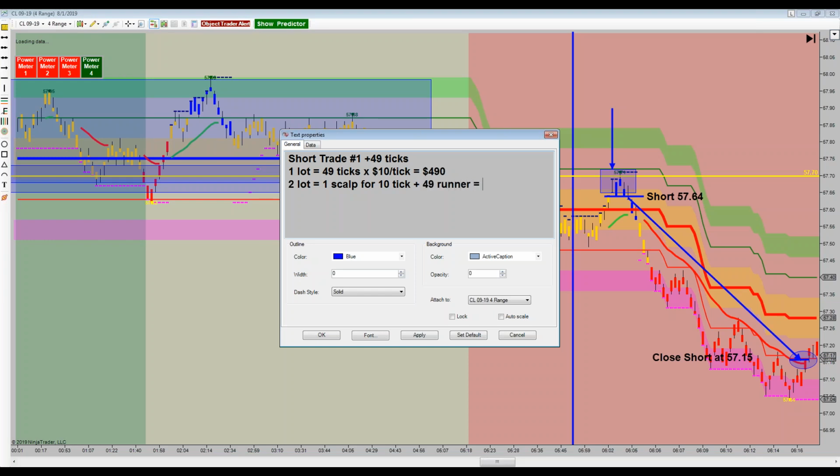So in this example, that trader made $590. The 2 lot trader who traded the whole thing for 2 lot made how much? What's 2 times 490? So you cut the whole run for 2 lot, $980.